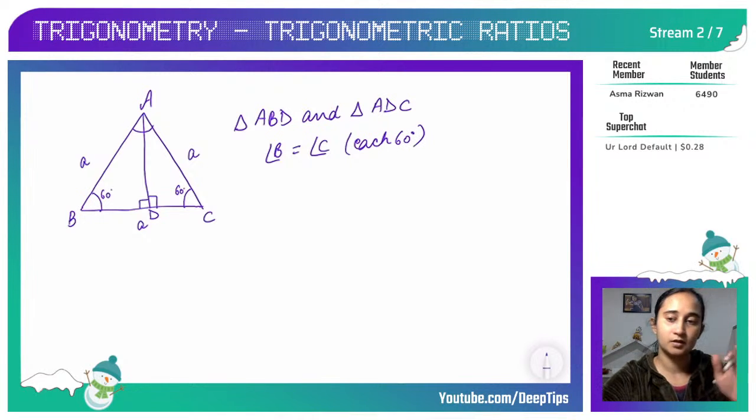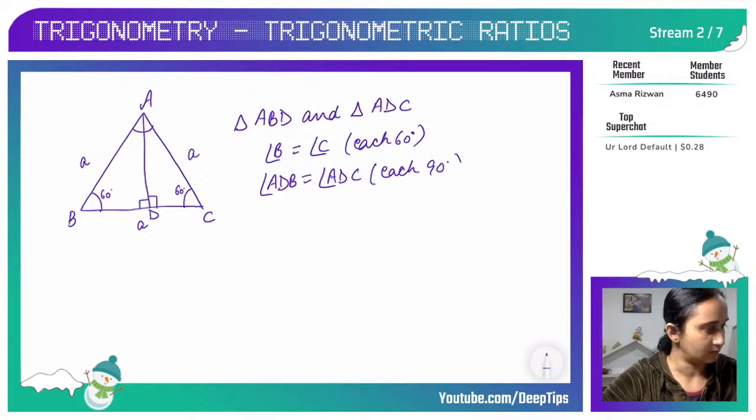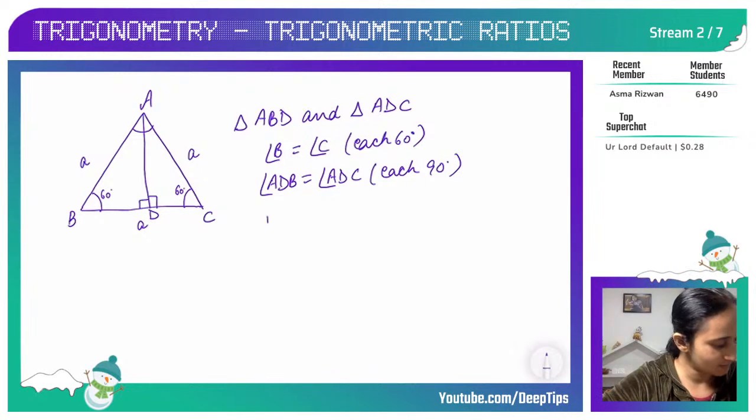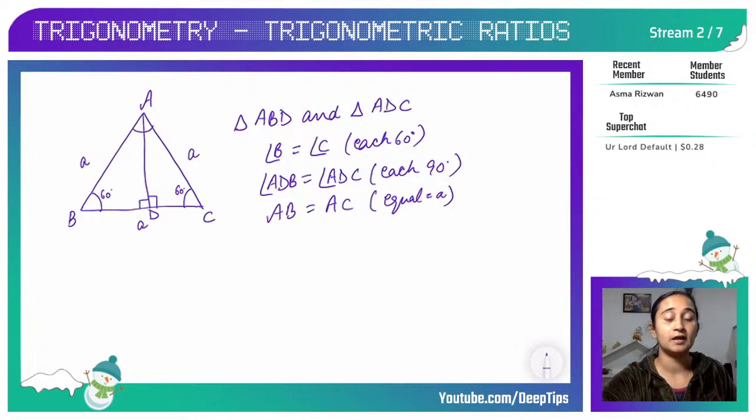Then I have drawn a perpendicular, so my angle ADB is equal to angle ADC, each 90 degrees. Correct? Now what else can I take? I can take AB equal to AC, both are equal to A. So I can say that triangle ABD and triangle ADC are congruent triangles by the angle side rule.